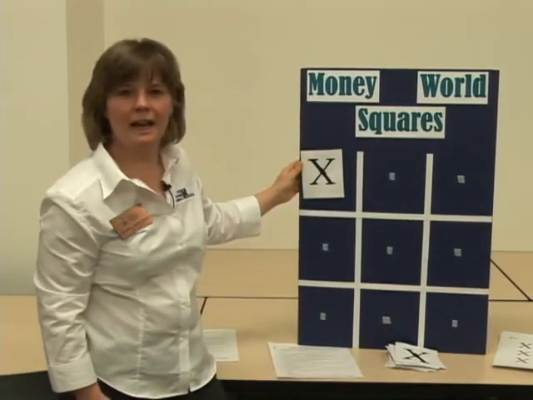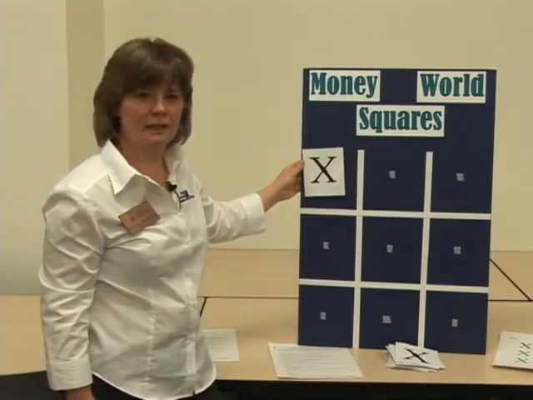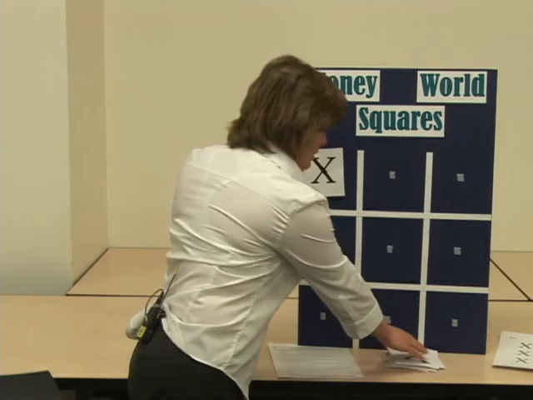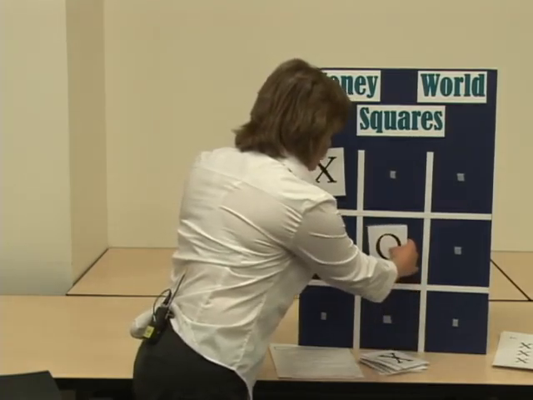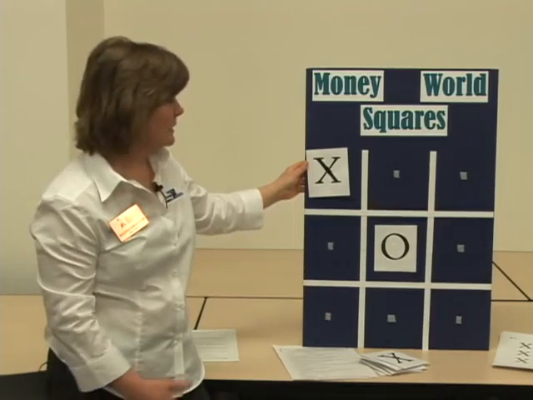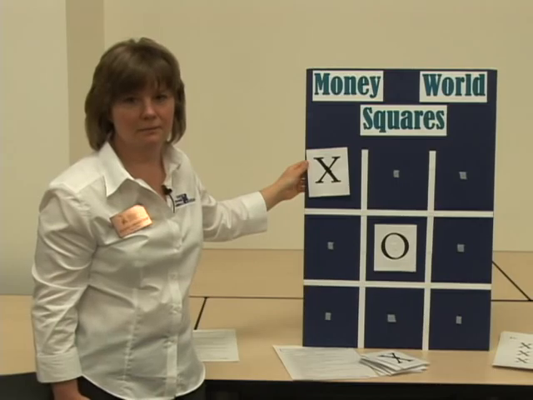The host will then ask the opposite team a question. If they get it right, then they get to choose which square or circle they would like to put on the board. And the game continues until there is an X or an O, horizontal, vertical, or diagonally across the board.